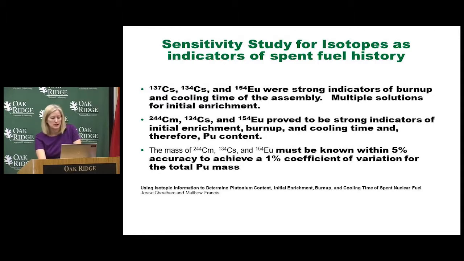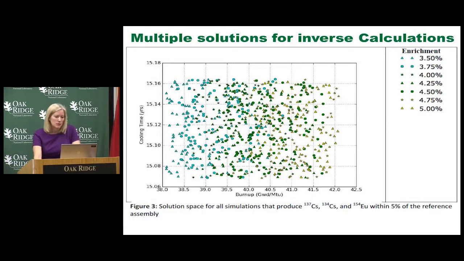But the hard part is knowing exactly how much of these isotopes are in the fuel without destructive analysis. So if we know the absolute values of cesium-137, 134, and europium-154, so this is not ratios, this is knowing the absolute values.